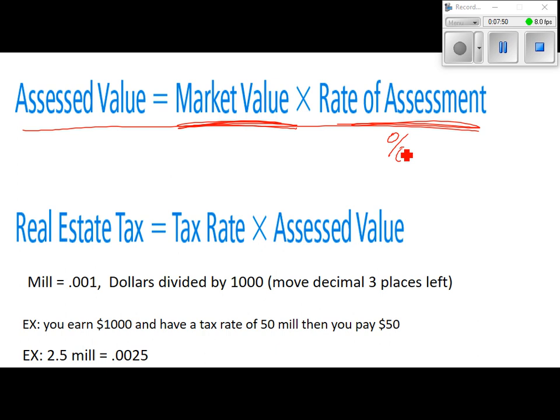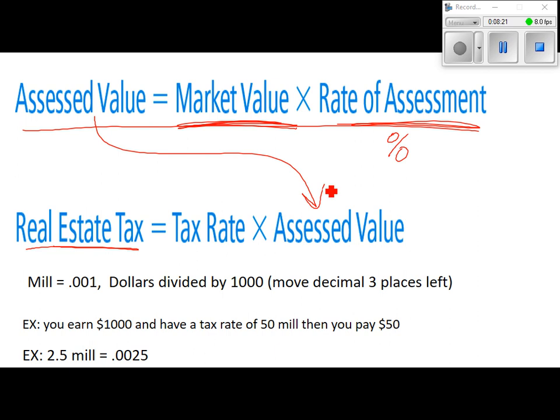Then to find your real estate tax, we take the assessed value, the answer that we got from up there, and multiply it by the tax rate. Each county or city might have a different tax rate. The tax rate is just like sales tax, where Ohio is like 6 3/4% or 7%, whatever we're at right now, and Richmond is at a different percentage.